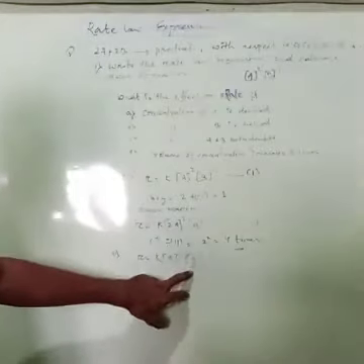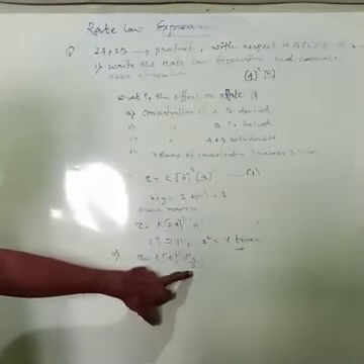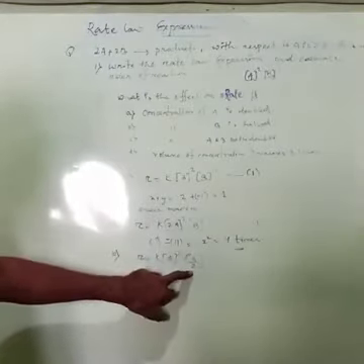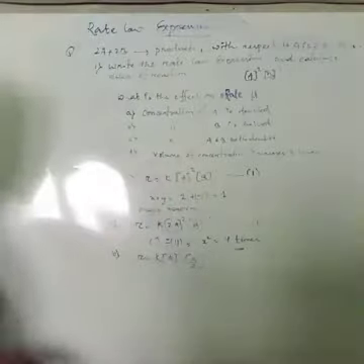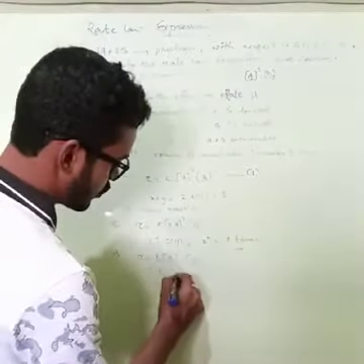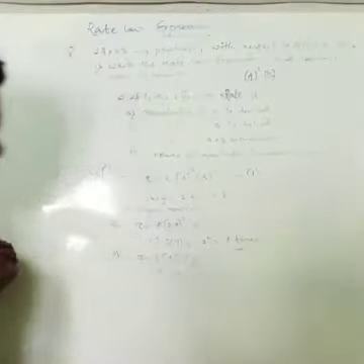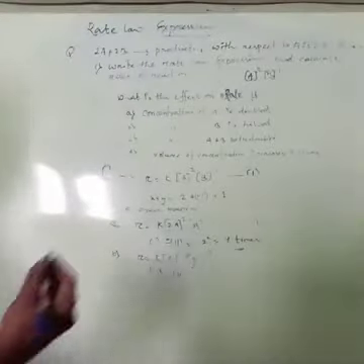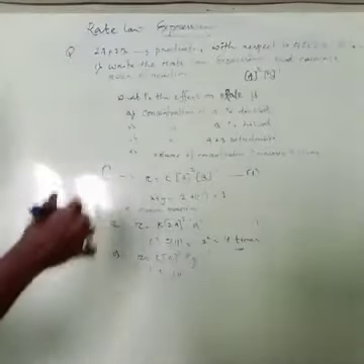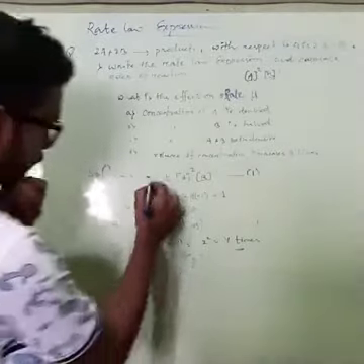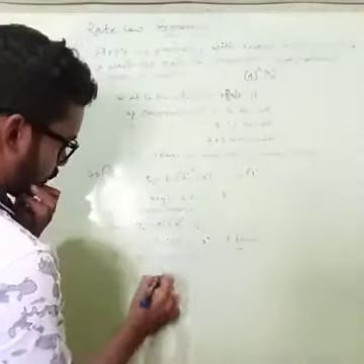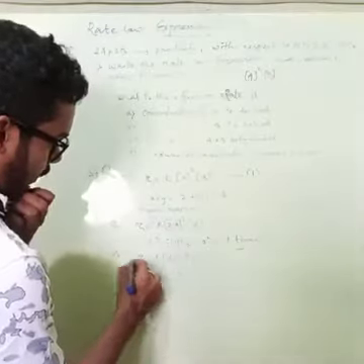The concentration is halved. Again divide these. K cancels, and suppose this is R1 and this is R3.